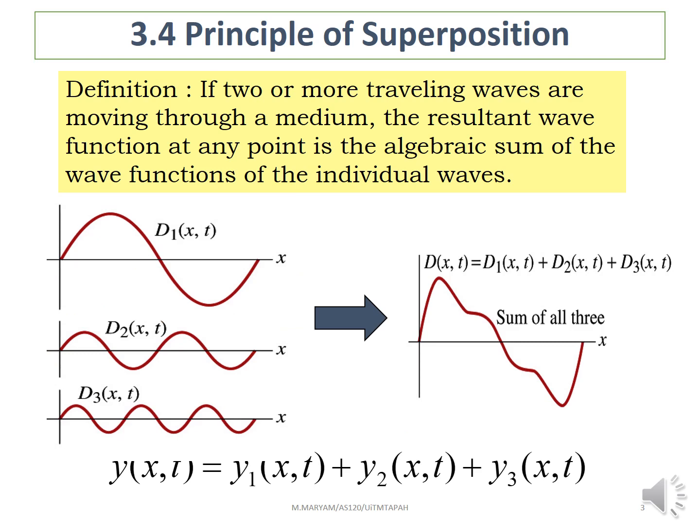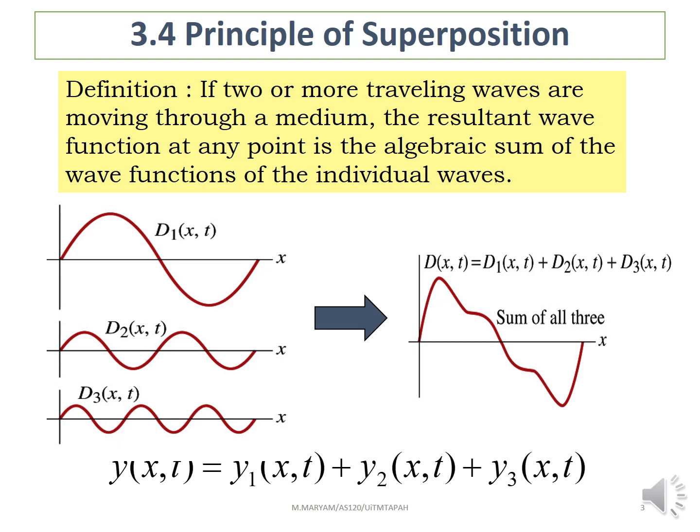Okay, so principle of superposition. The definition is: if two or more traveling waves are moving through a medium, the resultant wave function at any point is the algebraic sum of the wave functions of the individual waves, as you can see in the figure.